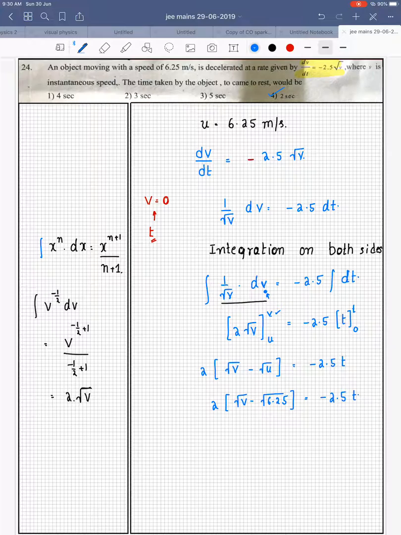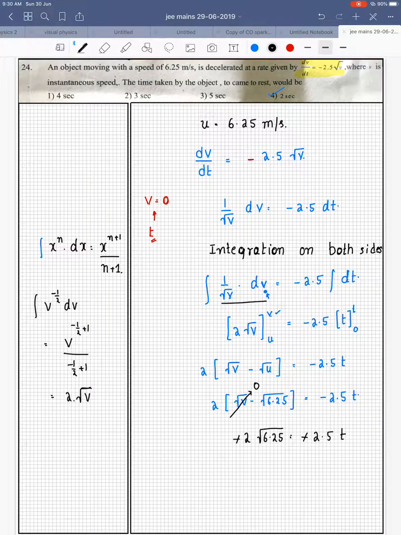By the way, the final velocity will be 0 because you want to find the time when the object comes to rest, that means your final velocity is 0. So you solve it: minus 2 into root 6.25 equals minus 2.5 into t.